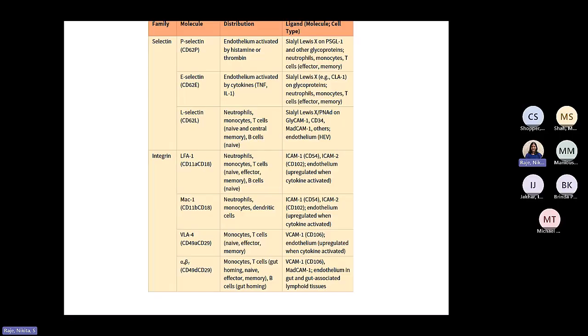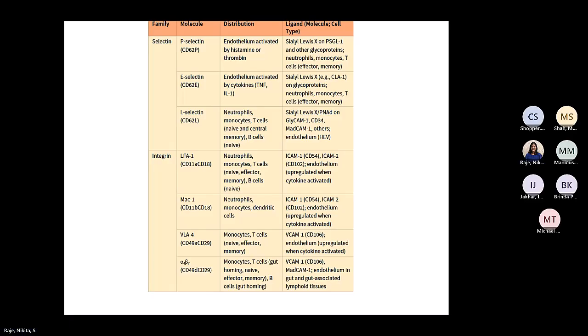So again, going back to LFA1, LFA1 is on various leukocytes, and they bind to their ligands called ICAM1 or ICAM2. MAC1, which is CD11B, CD18, or CR3, complement receptor 3, is present on various leukocytes and binds to its ligand called ICAM1.